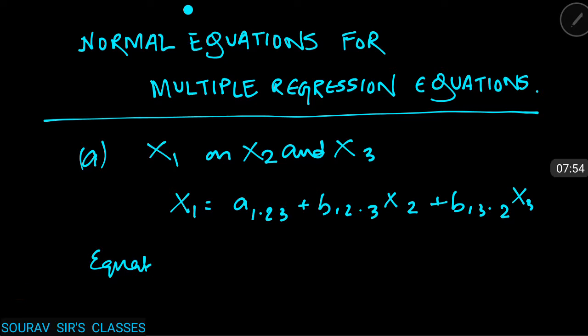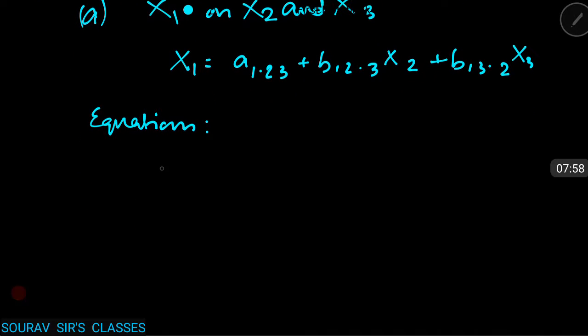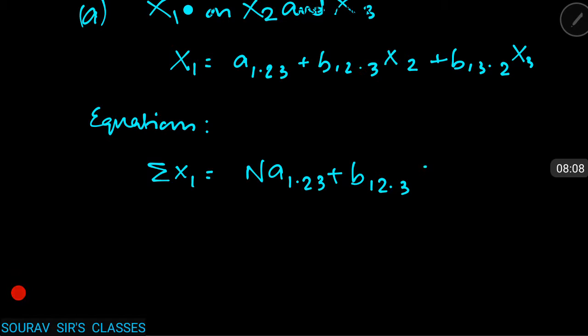The equations are: summation x1 is equal to n a 1.23 plus b 12.3 summation x2 plus b 13.2 summation x3.